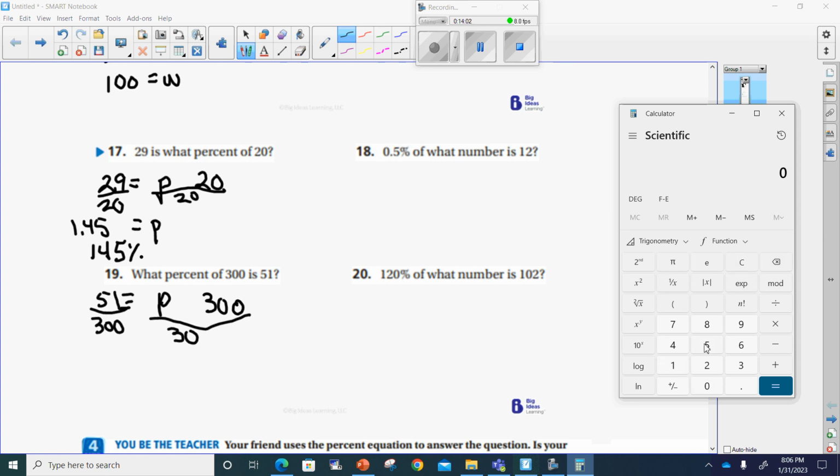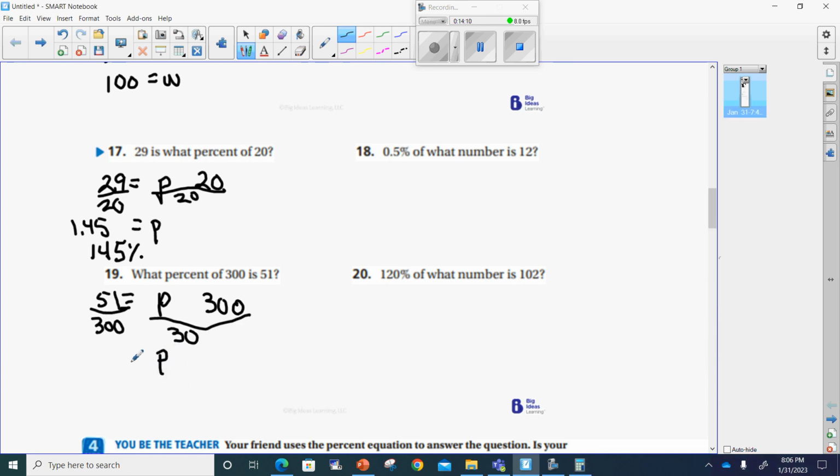I'm going to take 51 divided by 300, and that gives me 0.17. So my percent equals 0.17. If I write it as a percent with a percent sign, it will be 17% when I move the decimal. But P is 0.17, just like over here, it was 1.45.